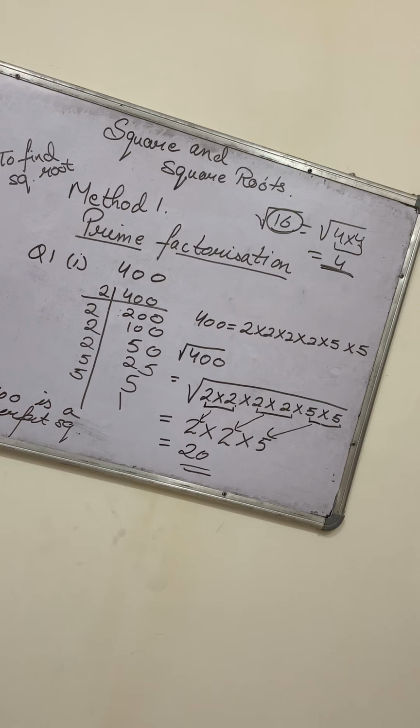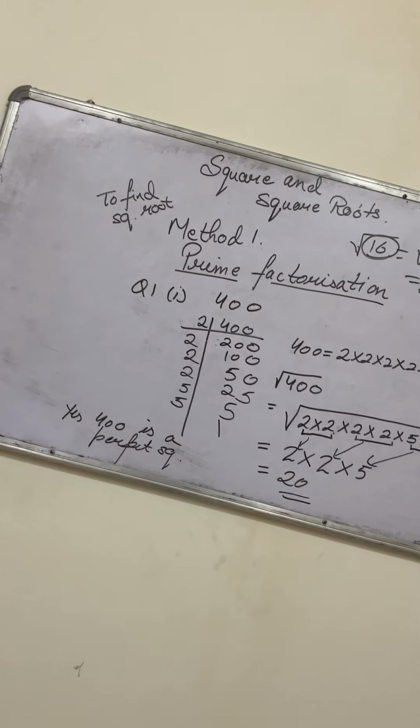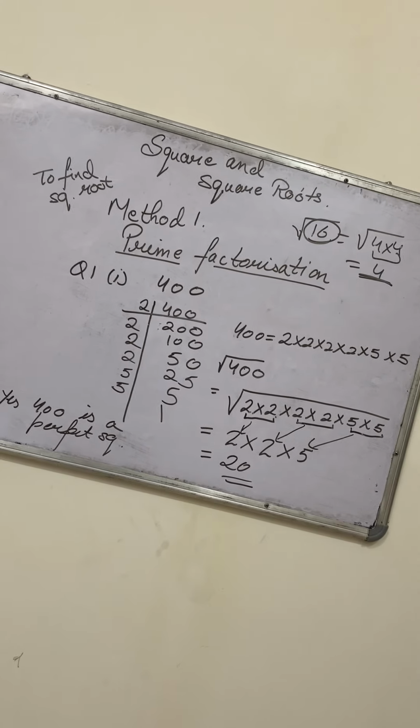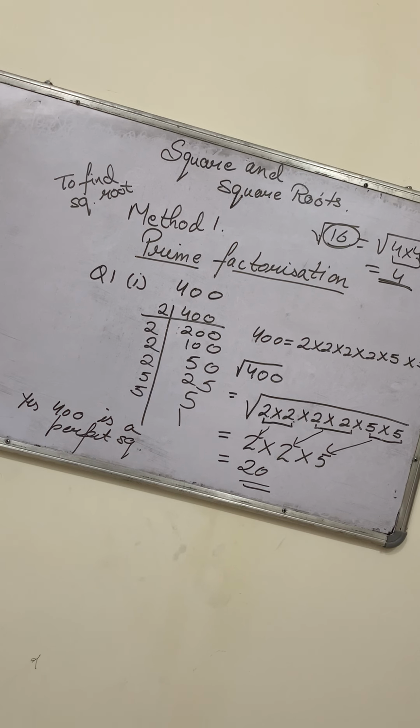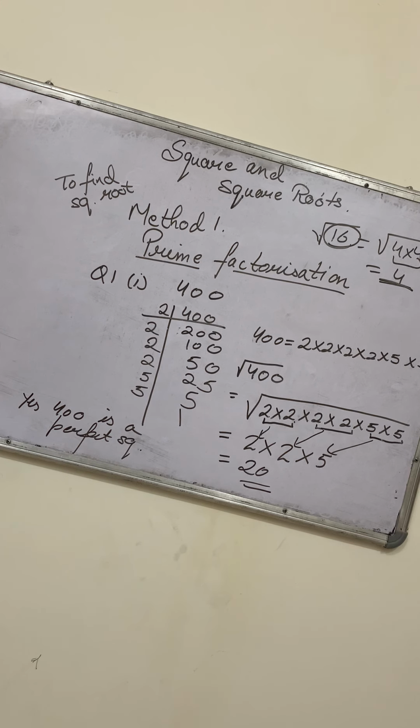So this is your method number 1, that is prime factorization method to find a square root of a number. Okay, now let us learn the second question. Second part we'll do 768. The second part is 768.